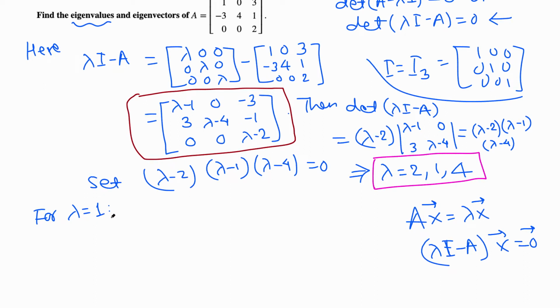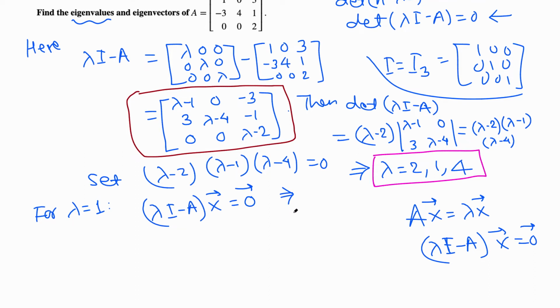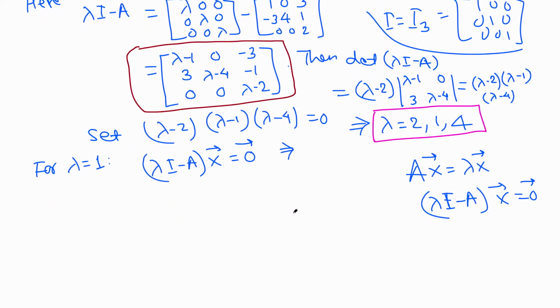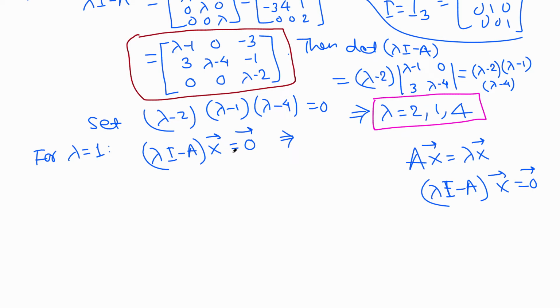For lambda equals 1, I'm going to write lambda I minus A times x, the eigenvector to be determined, equals 0. We can write down the corresponding augmented matrix. This is pretty much finding the null space of this matrix.